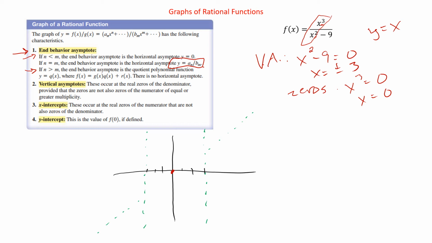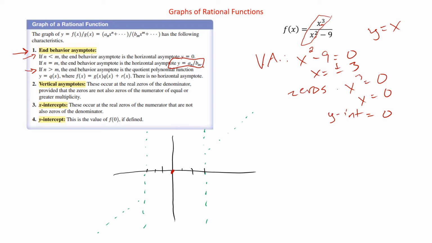And then the y-intercept. Well, if we plug in 0, we get 0 over negative 9. So the y-intercept equals 0, which, being that the zero is at 0, we have the point (0, 0), so that's both. So it's going to cross there.